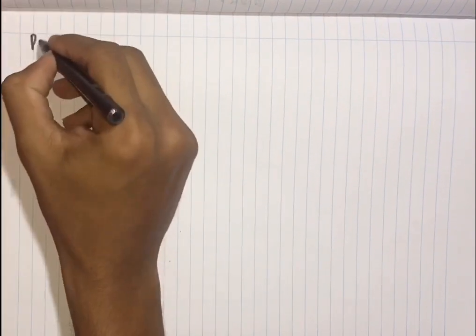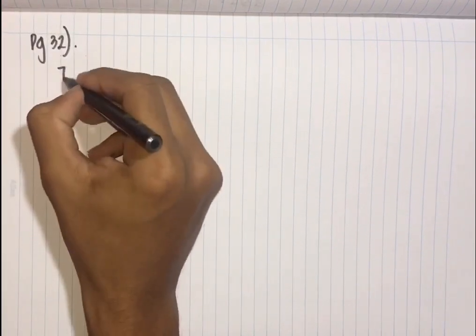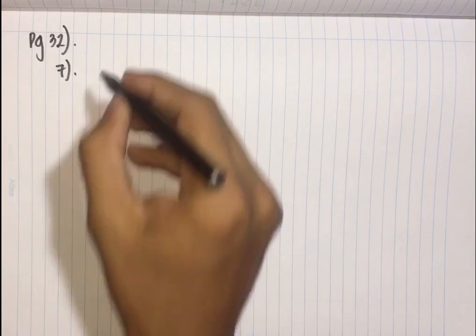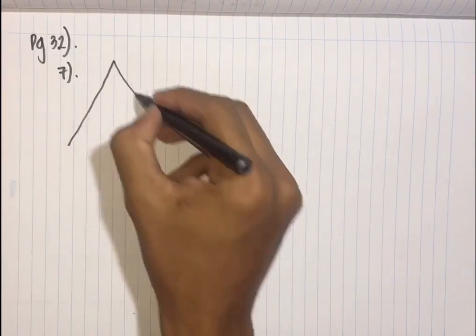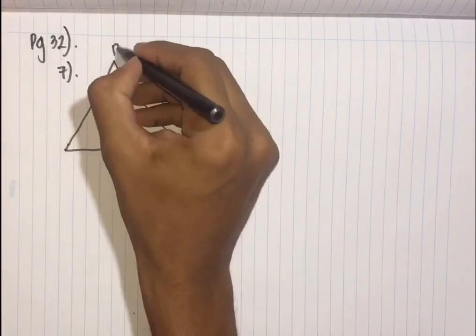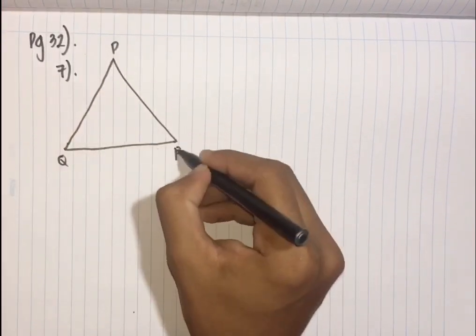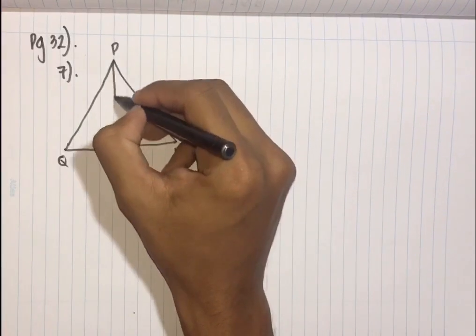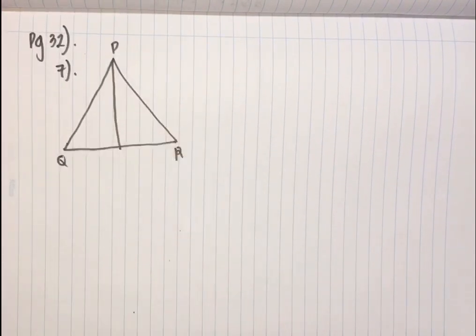That is on page 32, the 7th question. Here there is a diagram, a triangle given. PQR is the triangle, and then there is a line drawn.